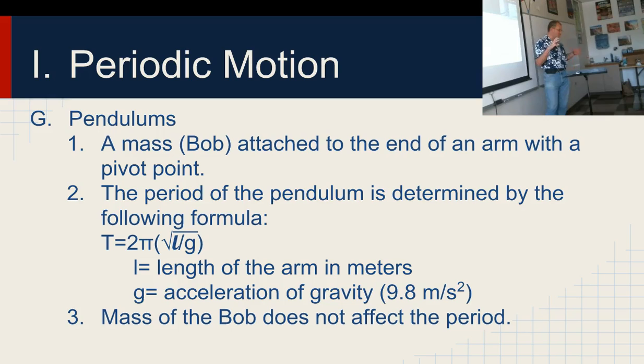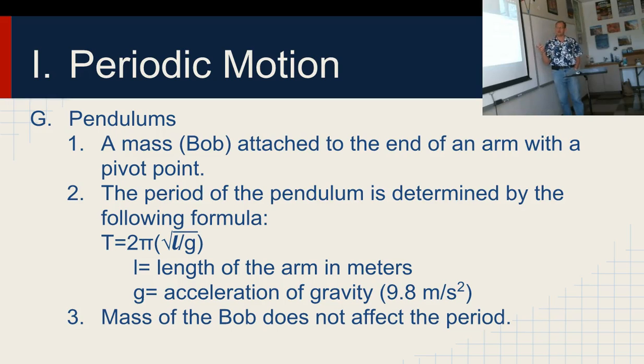So you could have a very massive bob on a short string and a very small bob on the same length string, and those two objects would oscillate at the same period. Or you could have the same mass on different strings, and even though it's the same mass, you would oscillate at a different period. The length of the string is the only thing that controls how long it takes a pendulum to swing.